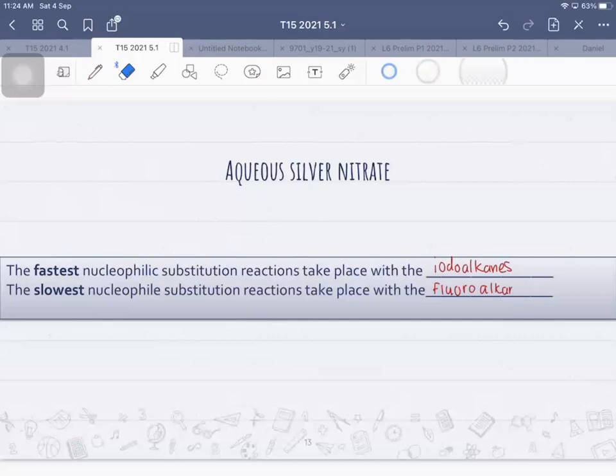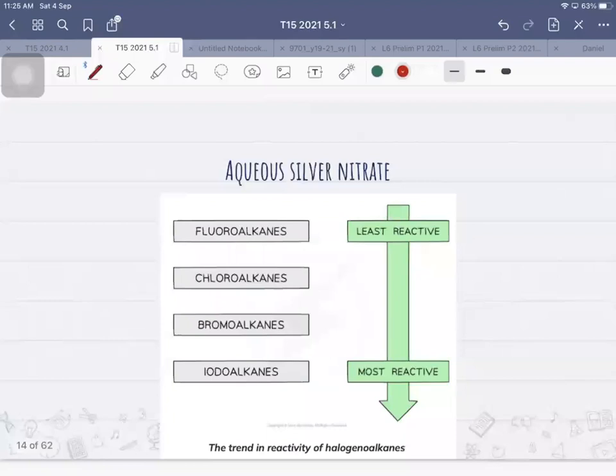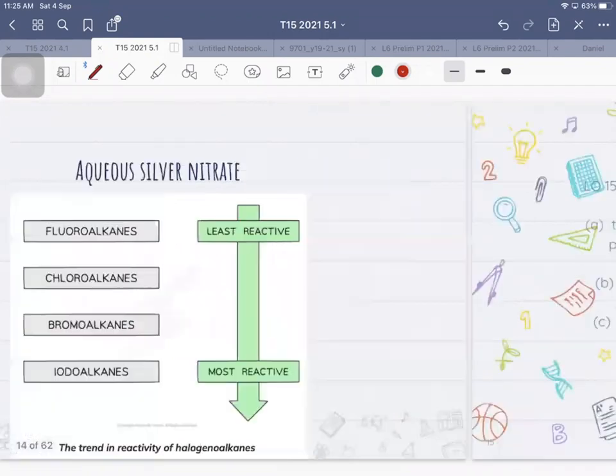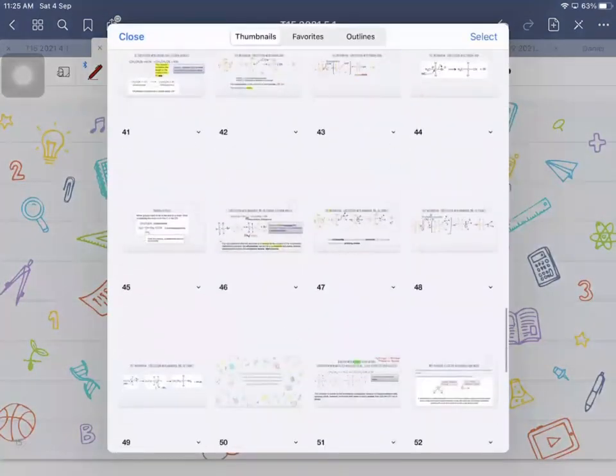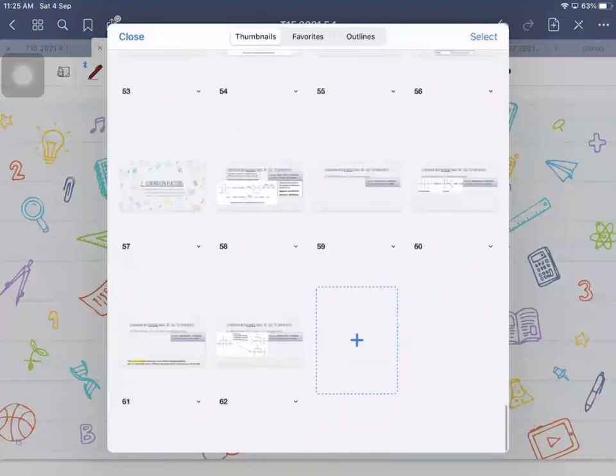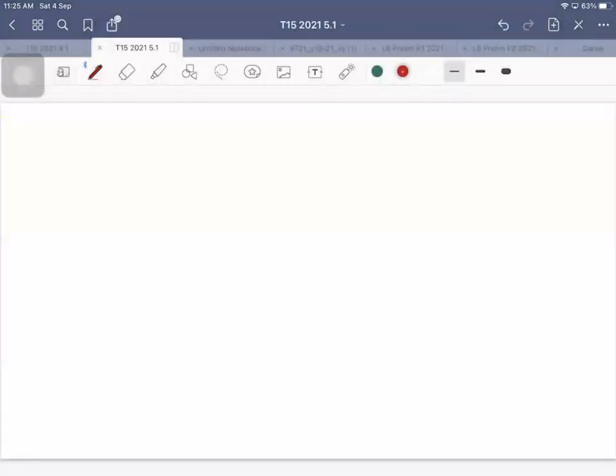Cannot spell fluoroalkanes. So just to summarize, your iodoalkanes are the most reactive halogenoalkanes, and your fluoroalkanes are the least reactive.